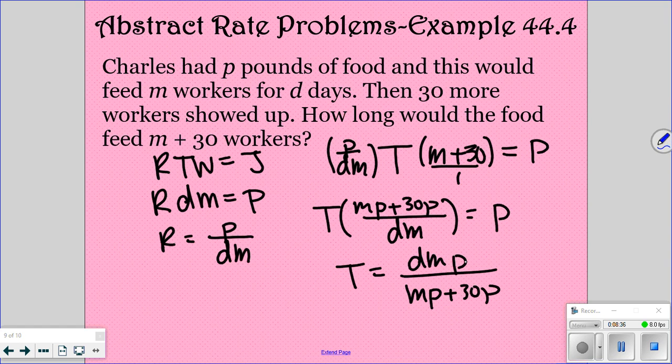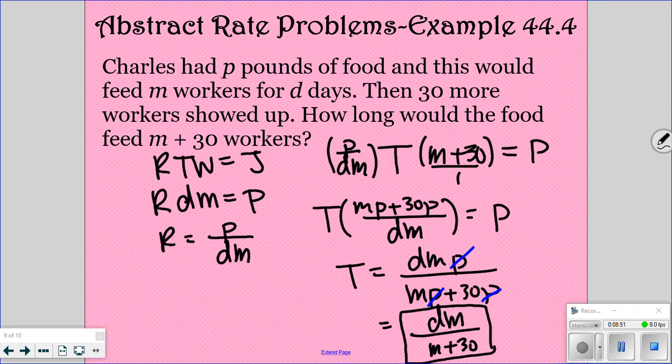And then again, there's a P in all three terms that'll cancel, and that'll give you DM over M plus 30. And so that would be your answer there.